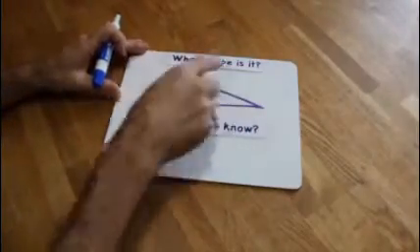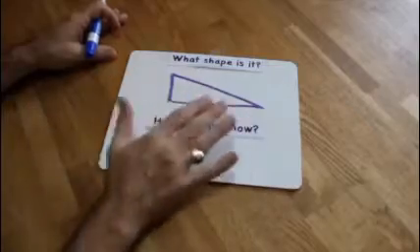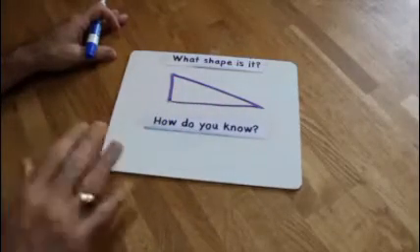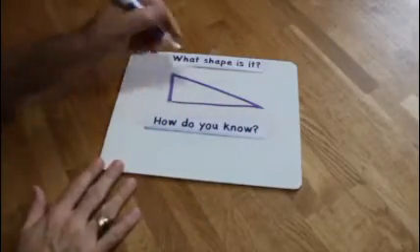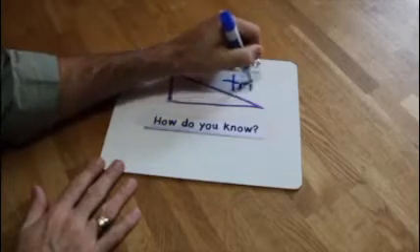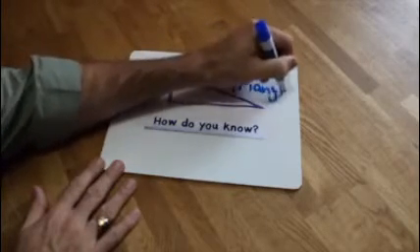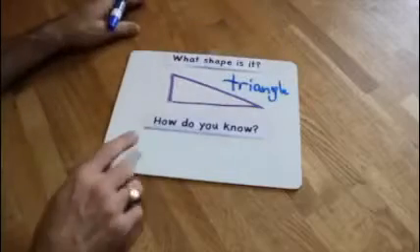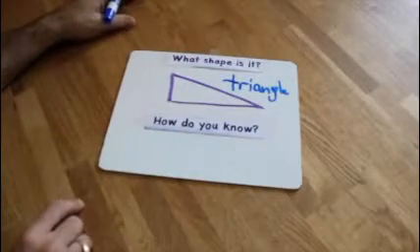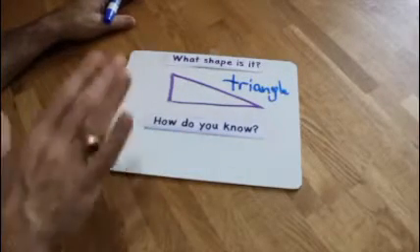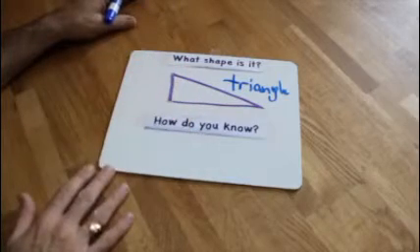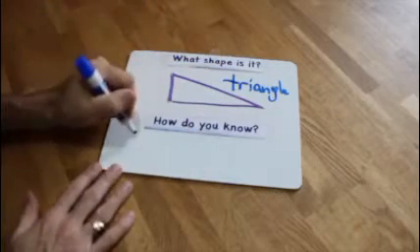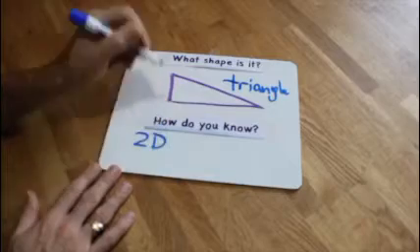What shape is it? Ooh, it's long. But it still only has 3 sides and 3 vertices. It's a triangle. Let's fix that. How do you know? Well, it's flat. It's a flat shape. It's a plane shape. We call that two-dimensional. Okay?